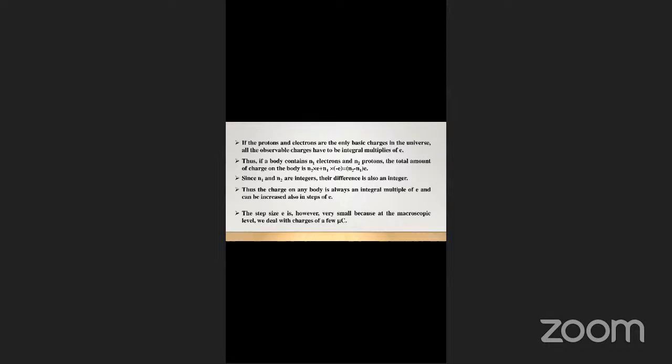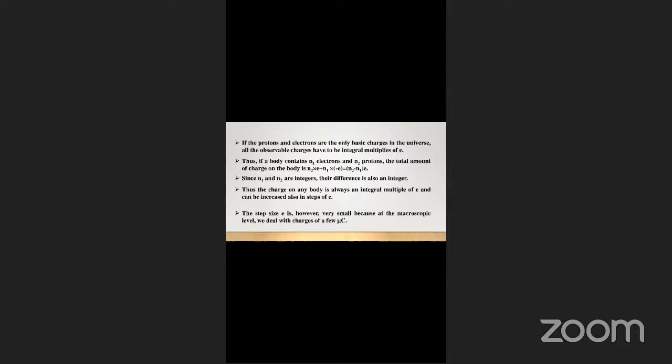So you can observe this condition. If a body contains N1 electrons and N2 protons, the total amount of charge on the body is N2 into e.